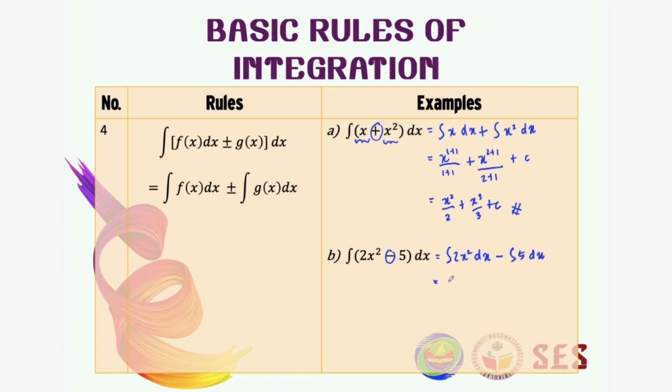Okay, so we should get x to the power of 3 over 3 minus 5x, and don't forget our c. So 2 over 3 x to the power of 3 minus 5x plus c. Okay, so these are the basic rules of integration.